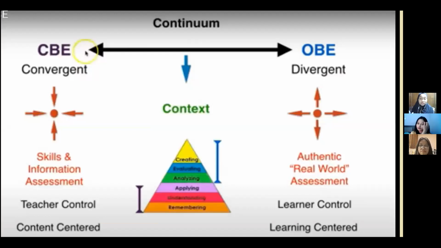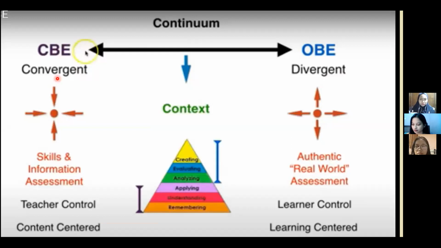After knowing the definitions, maybe you get confused because they are kind of similar or just the same, but actually they are quite different. The first difference is about the focus. CBE, or competence-based education, is more convergent. In simple words, it is focusing only on one point such as attitudes, knowledge, and skill.